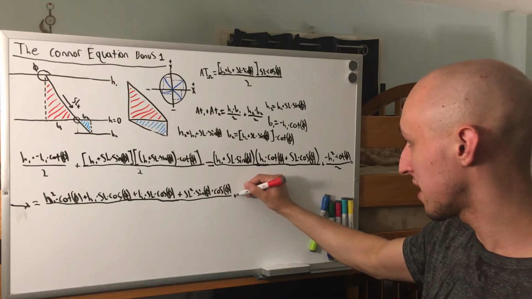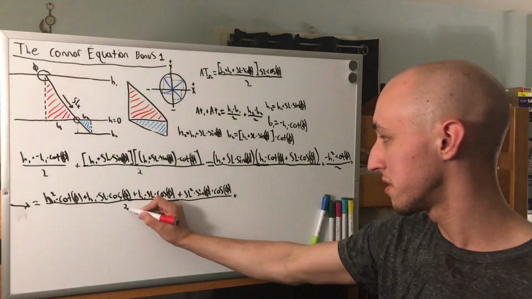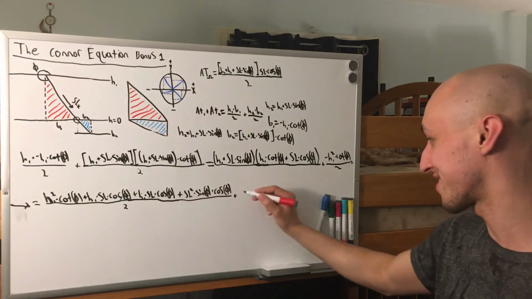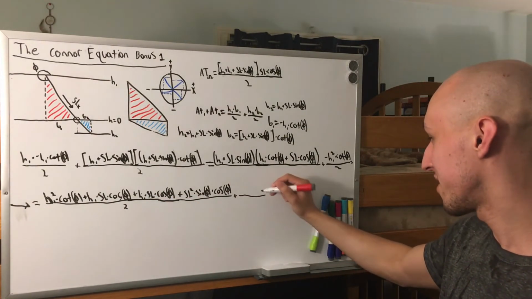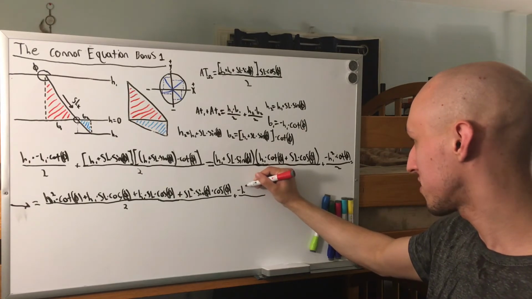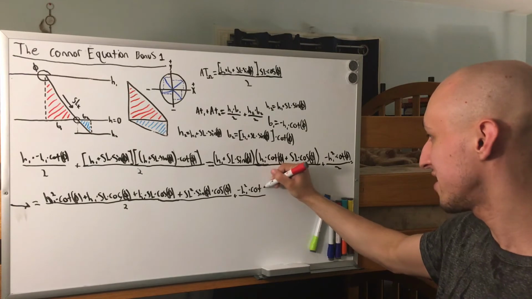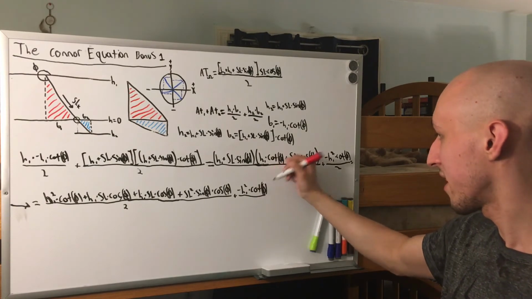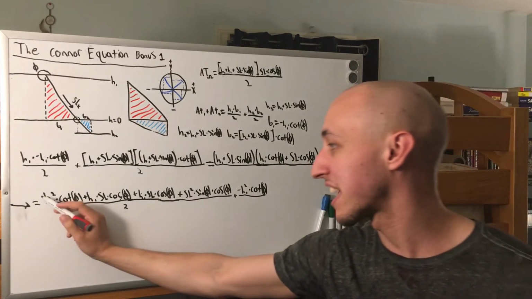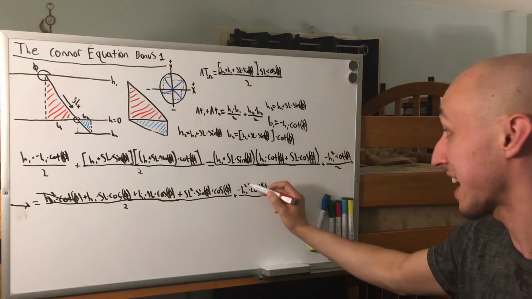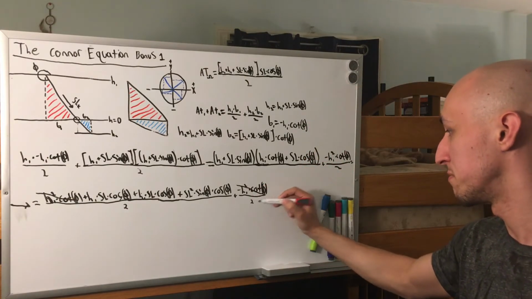And then plus, all over 2. The 2 is so tiny. And then negative h1 squared times the cotangent of phi. Right here, we can cancel. Heck yeah, we can cancel.